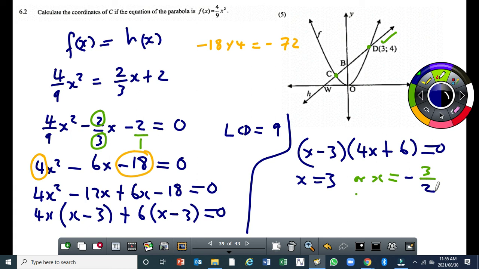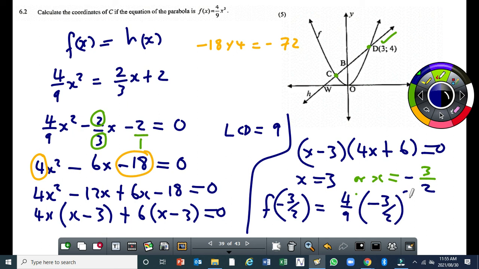So we can substitute minus 3 over 2 into the quadratic. So f of minus 3 over 2 will be equal to 4 over 9 times minus 3 over 2 squared. This will give me 4 over 9 times 9 over 4.